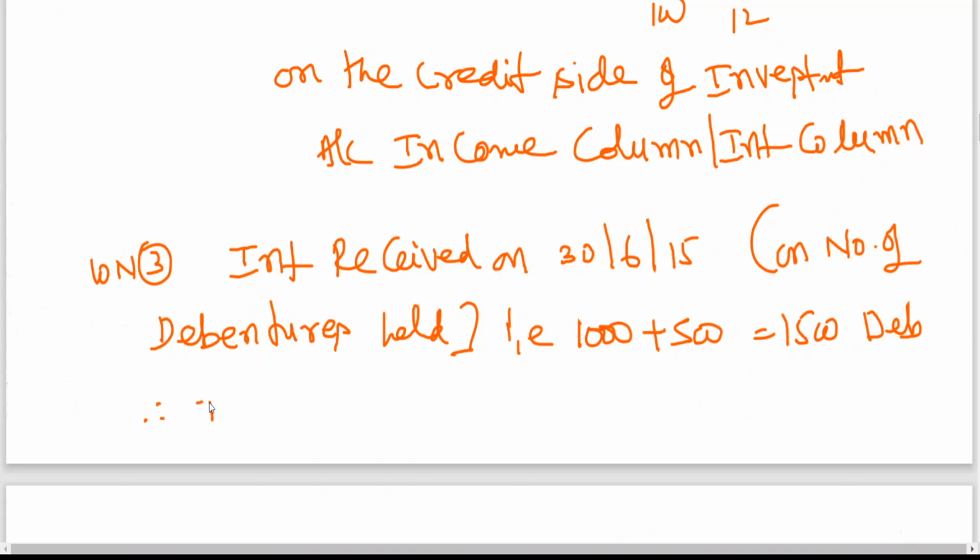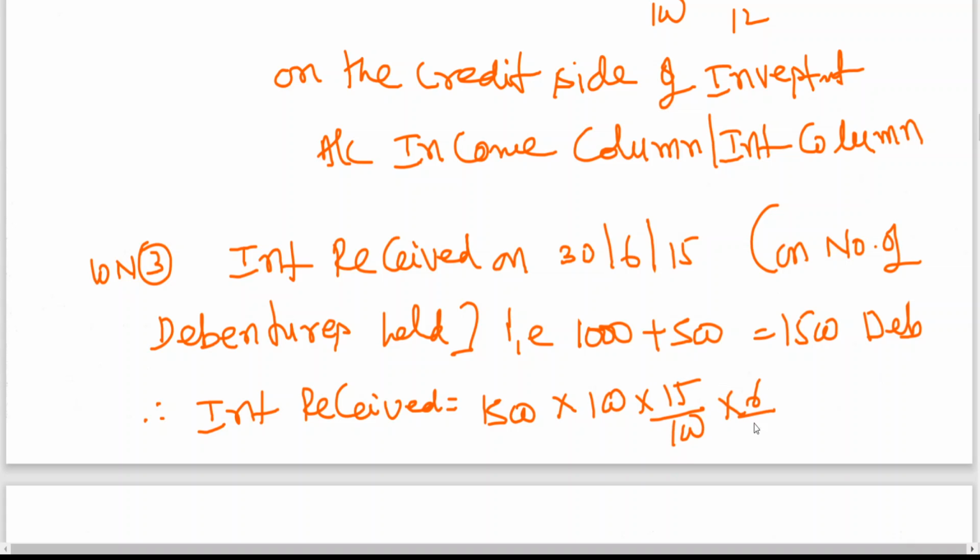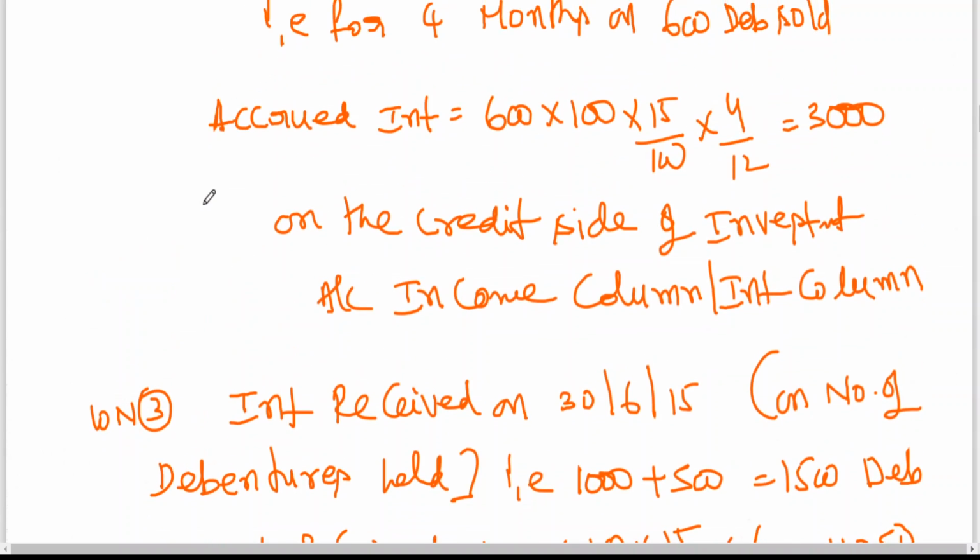So therefore, interest received is equal to 1500 debentures into 100 into 15 by 100 into 6 by 12. 1500 into 100 into 15% into 6 by 12, it is coming to 11,250. Okay, that also should not be missed. That is why a timeline will always be an advantage. Okay, this is complete. I have changed it, working notes number 3.